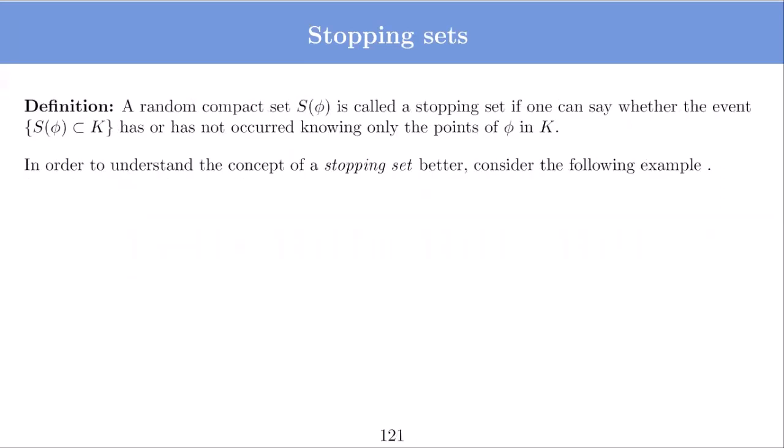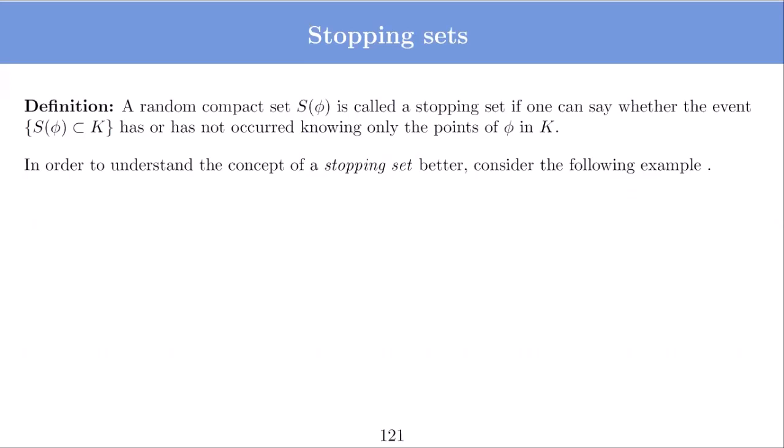So a random compact set S(phi) is called a stopping set if one can say whether the event S(phi) belongs to K has or has not occurred, knowing only the points of phi in K. And this should be true for every realization of phi.